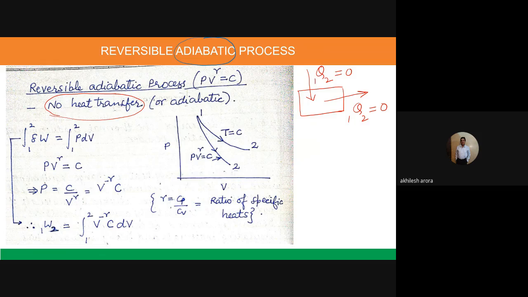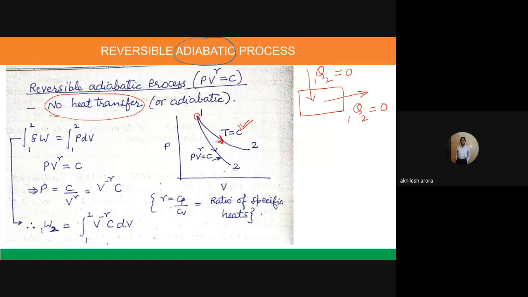Now we have to calculate the work transfer for this particular case. First of all, we have to draw this particular plot. For the time being, you can consider that this is the initial state. If you draw a constant temperature process, it goes along this line, so this is the constant temperature process.